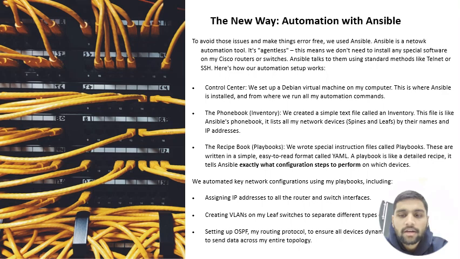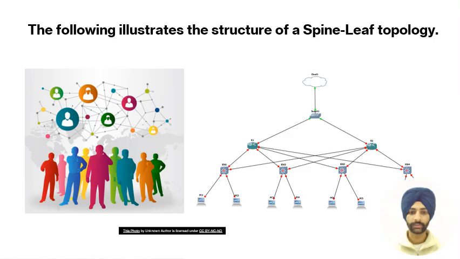A playbook is like a detailed recipe. It tells Ansible exactly what configuration steps to perform. We automated assigning IP addresses to all router and switch interfaces, and creating VLANs on my leaf switches to separate different types of traffic. Now I will move forward to Tanveer, as he will show the details of the topology.